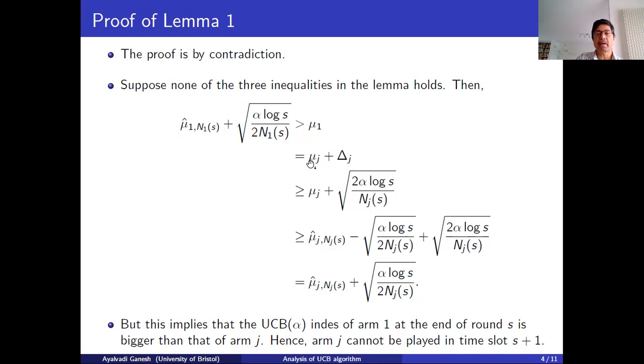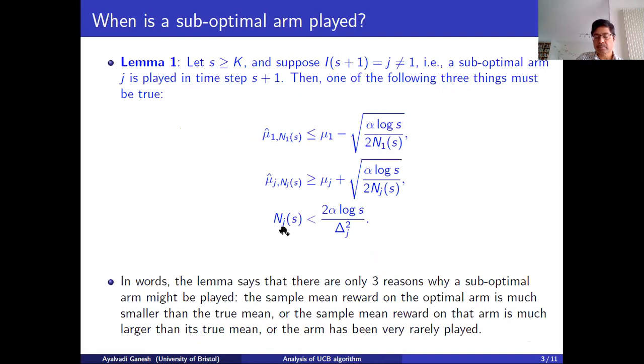Delta_j is mu_1 minus mu_j, so I've written mu_1 as mu_j plus delta_j. And this inequality here comes from the third inequality in the lemma. So what does the third inequality say? It says that N_j is small. And so if that is violated, let's go back up. If the third inequality is violated, that says N_j is bigger or equal to this.